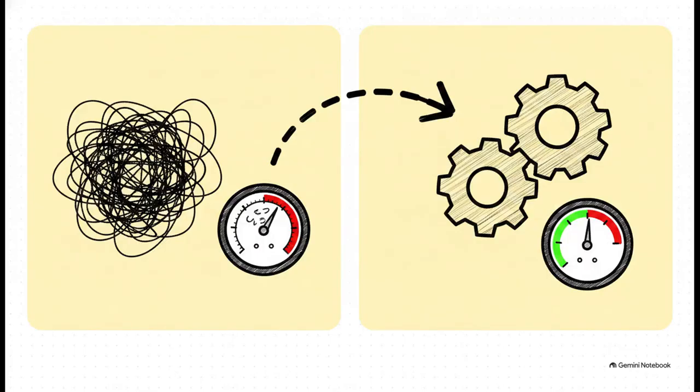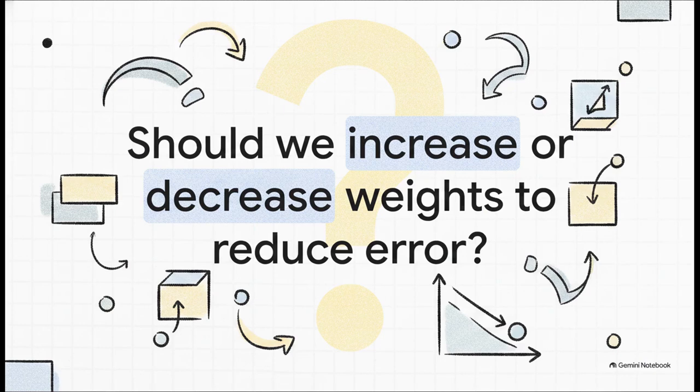So we start out way over on the left in a super high error state with random weights. The entire objective of training is to cross that chasm over to the optimal state where we hit minimum error. We literally just have to continuously adjust those weights until the prediction error, mathematically, bottoms out. But how on earth do we make those adjustments?